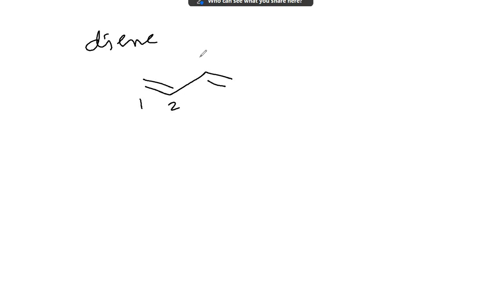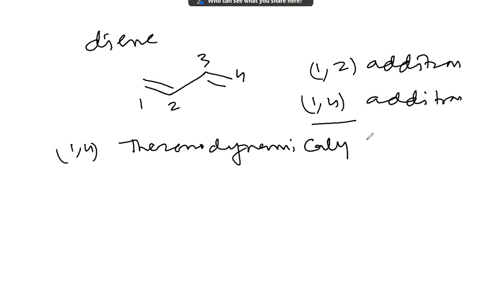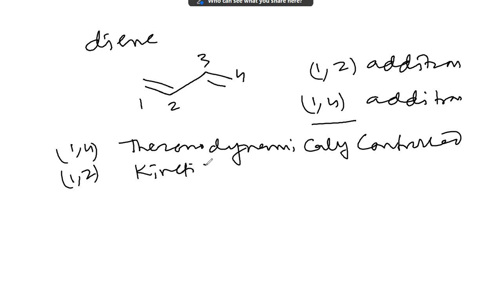Suppose there is a chance of 1,2 addition as well as 1,4 addition. 1,4 addition is the thermodynamically controlled product, and 1,2 is kinetically controlled. The 1,4 addition product is more stable.